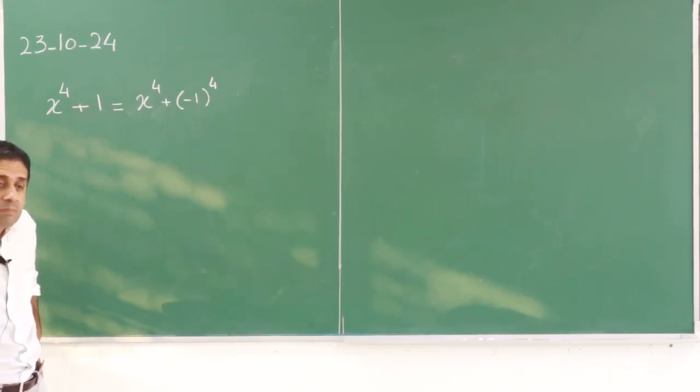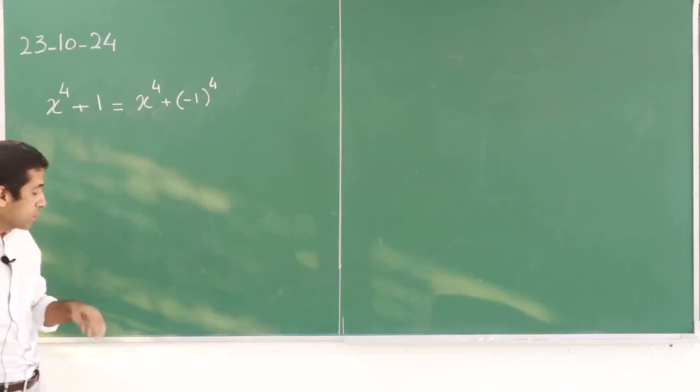Then I want to make it just a plus b whole squared. You want to make it a plus b whole squared, okay? So I will add 2x squared, and minus 2x squared. You will subtract 2x squared also.